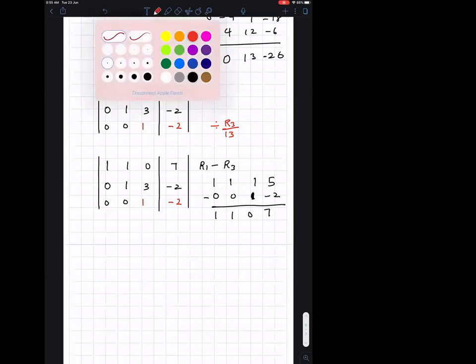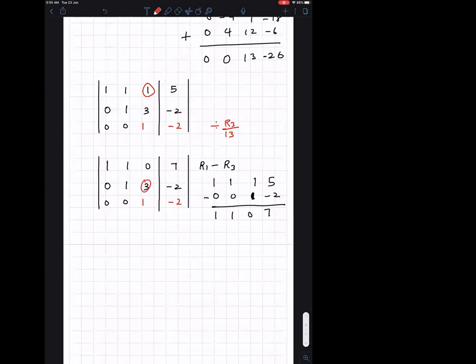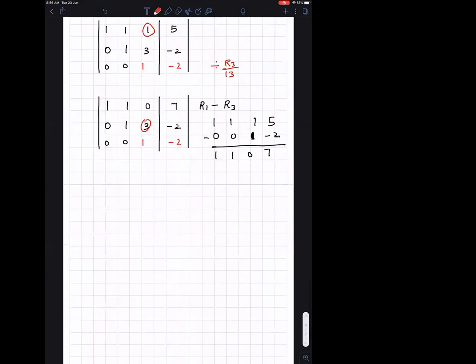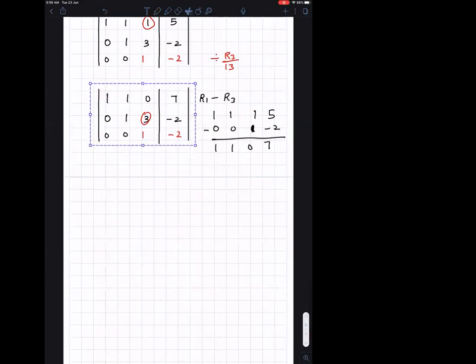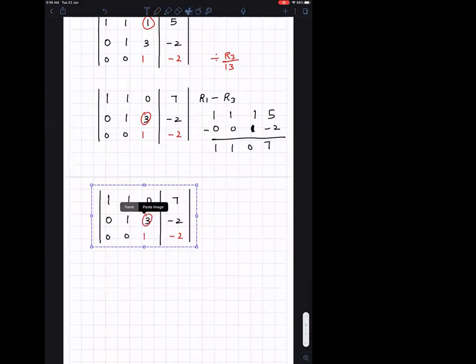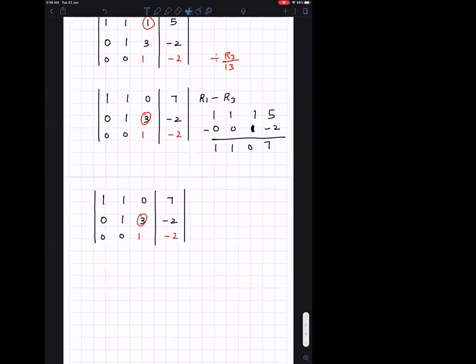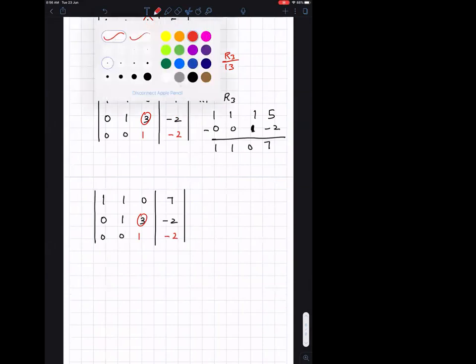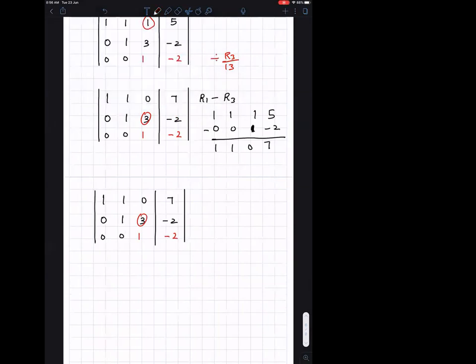Next, you want to make this go to 0. That can be easily made 0 if you multiply row 3 by 3 and then subtract it from row 2.